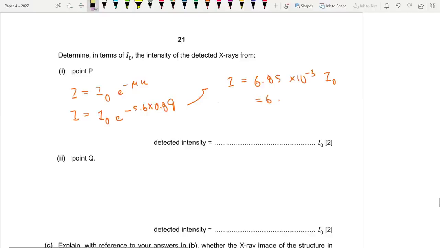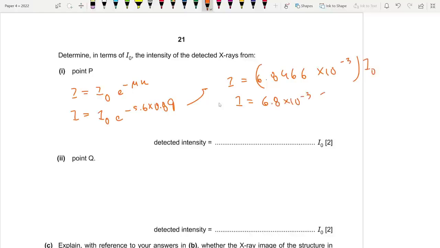Basically, it's 6.8466 times I naught, which is I is equal to 6.8 into 10 power minus 3 I naught, or you could just say I is equal to 0.0068 I naught. Okay, so 0.0068 times I naught.